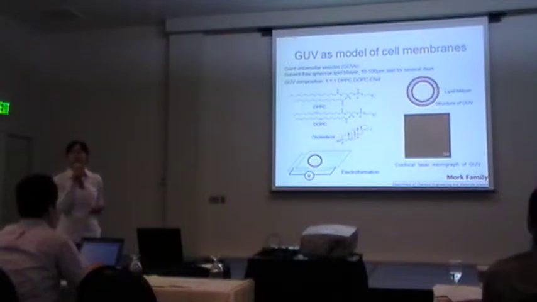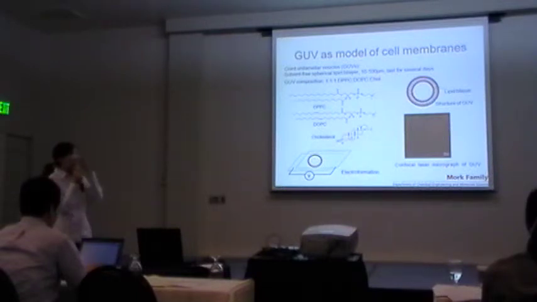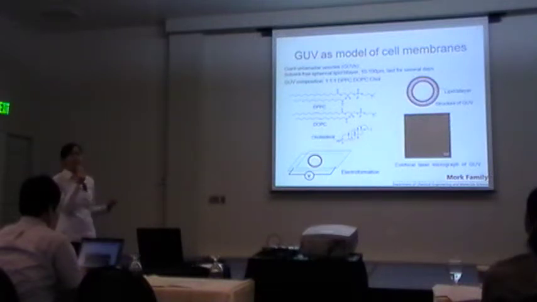And here in my system, I use the giant unilamellar vesicle, which is also called GUV, to compose my model lipid membrane. And this lipid membrane was composed of three kinds of lipid generated by the electroformation method. And the confocal microscope image shows a GUV with a diameter around 6 micrometers.